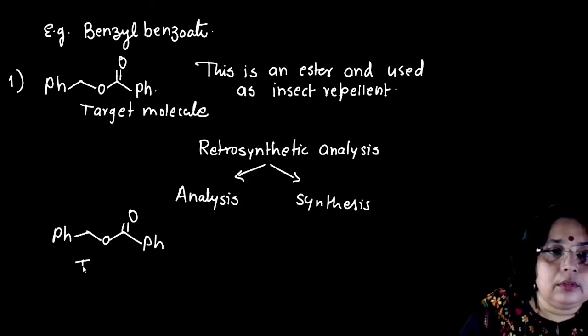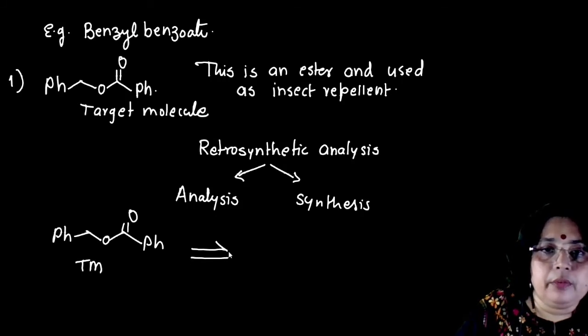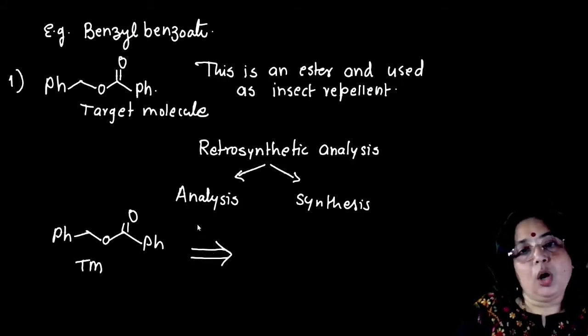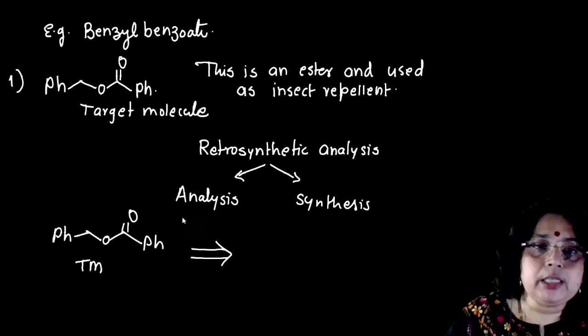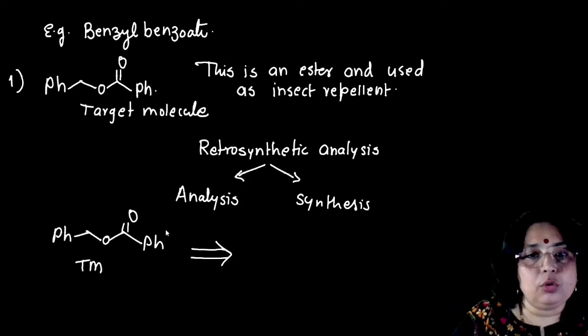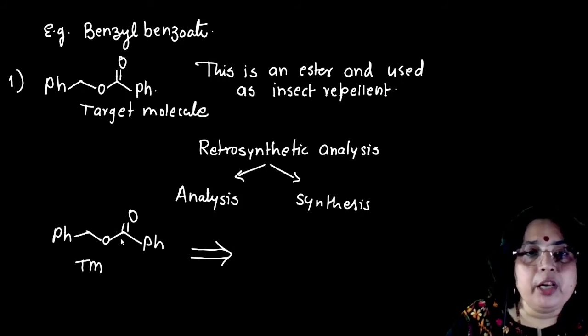Now let us cut the molecule into various fragments. So applying those guidelines which are mentioned in the analysis, identify the functional groups. Now look at this molecule, how many functional groups can you see over here? So here we have the carbonyl group, we have this ether oxygen. Together you can say that this is an ester, and the two phenyl groups.